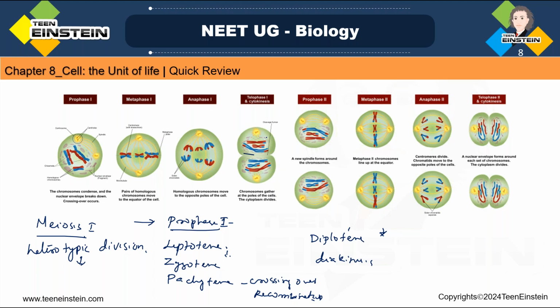Next, these new cells enter meiosis 2. Meiosis 2 is also called homotypic division. Which one? Meiosis 2.